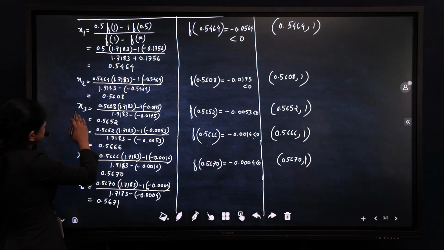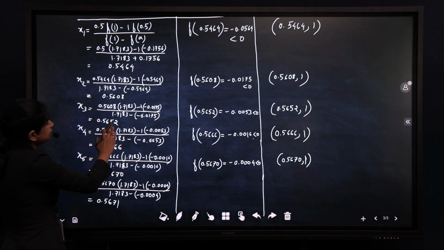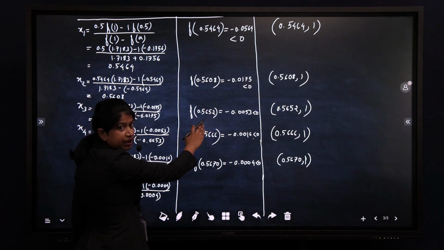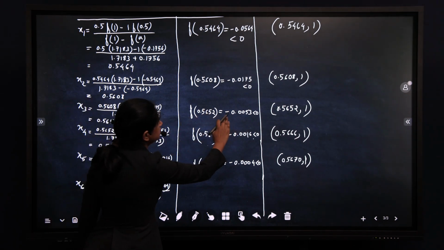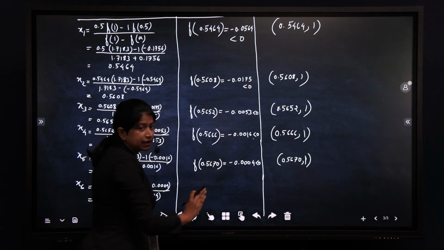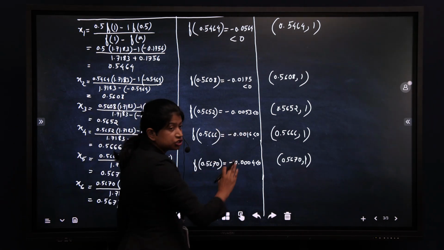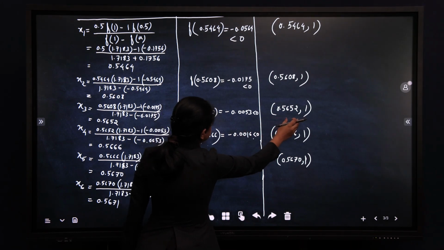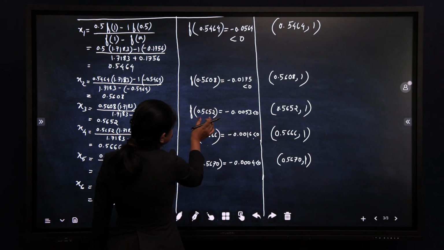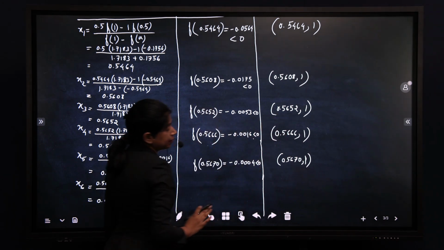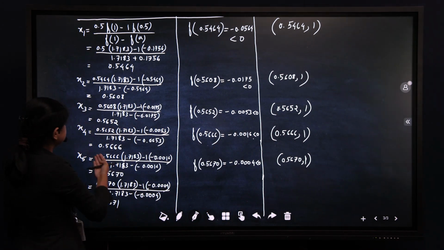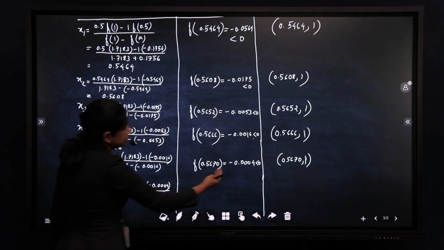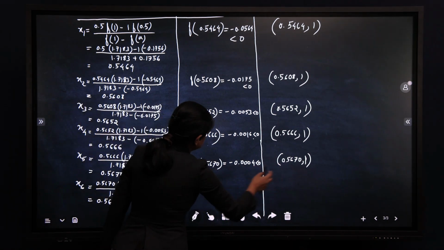Similarly, for x3, we are getting 0.5652, and at 0.5652, the function is giving us minus 0.0053, that is less than 0. So the root lies between 0.5652 and 1. Next, x4, x5 and x6 also we are getting like this, that the root is lying between these.